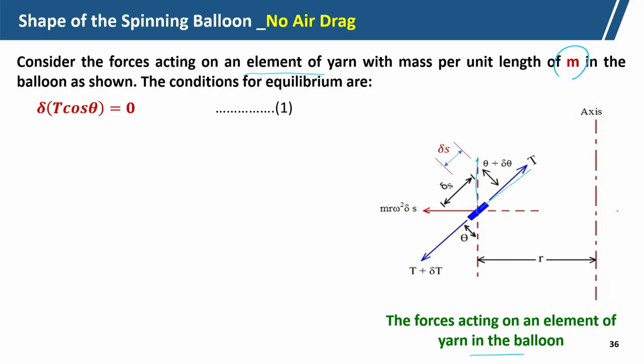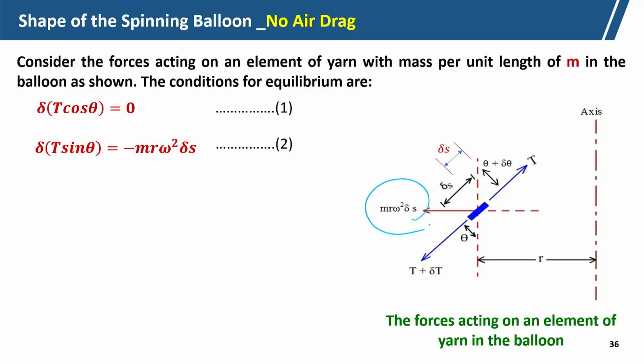So, delta T cos theta, the small increase in T cos theta, is equal to 0, and delta T sin theta will be m r omega square delta s.